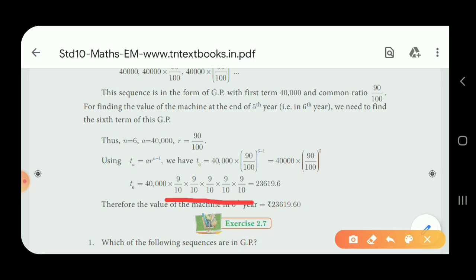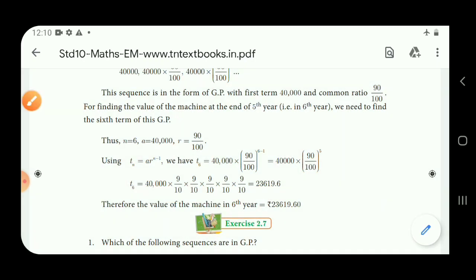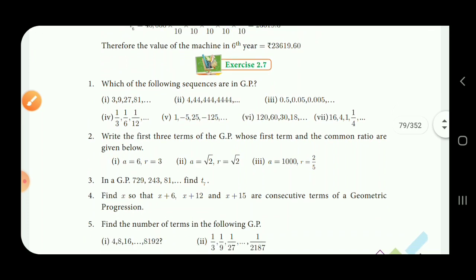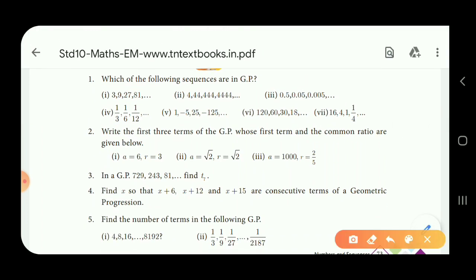Simplifying, you get 23,619.6. Therefore, the value of the machine in the sixth year is rupees 23,619.60.